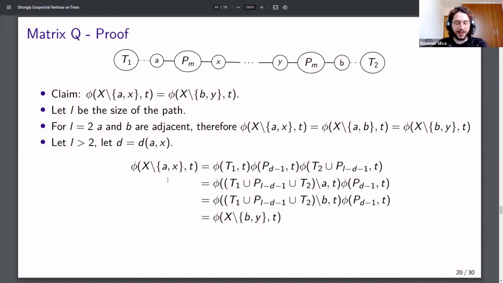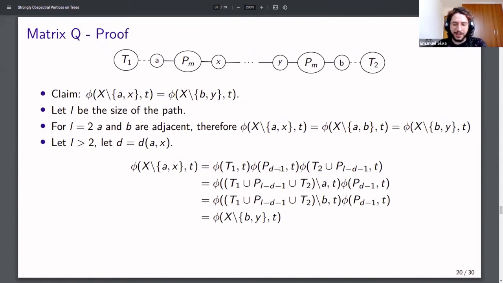So phi of X minus AX can be decomposed into two terms, one containing T1, another term containing the path, and another term containing the rest of the graph, which is precisely what is written here.